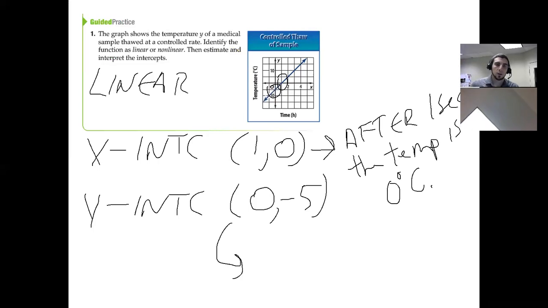Okay, now the y-intercept. Remember, it's time in hours and temperature in degrees Celsius. So when 0 time has gone by, that means the initial temperature, or when the object was beginning to be thawed, the temperature of the object was -5 degrees.